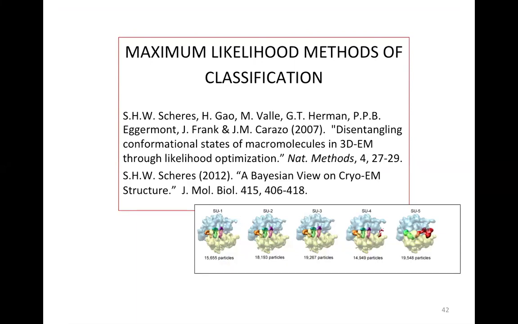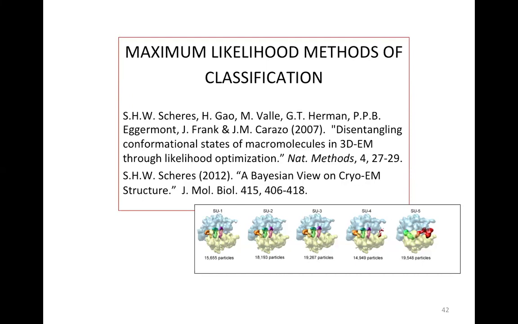With maximum likelihood methods of classification, which were developed in the lab of Jose Maria Carazo by the student Sjors Scheres, he showed it was possible to disentangle the orientational and the conformational changes that are visible in projections.